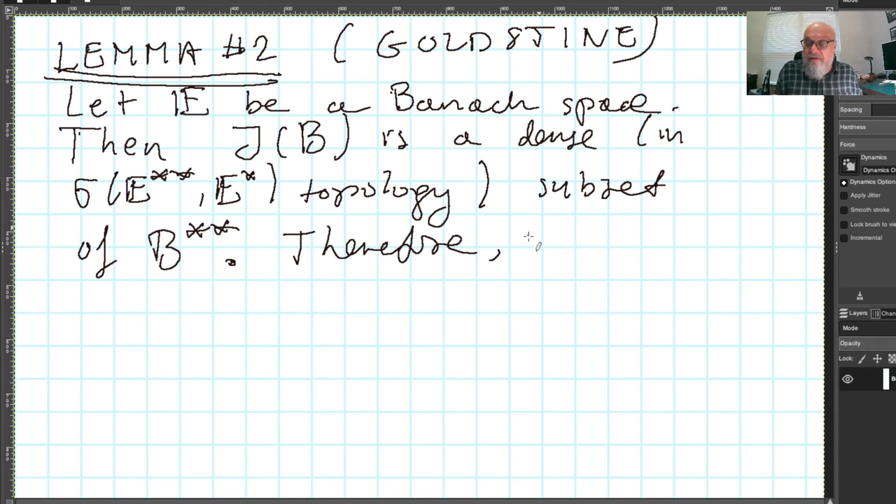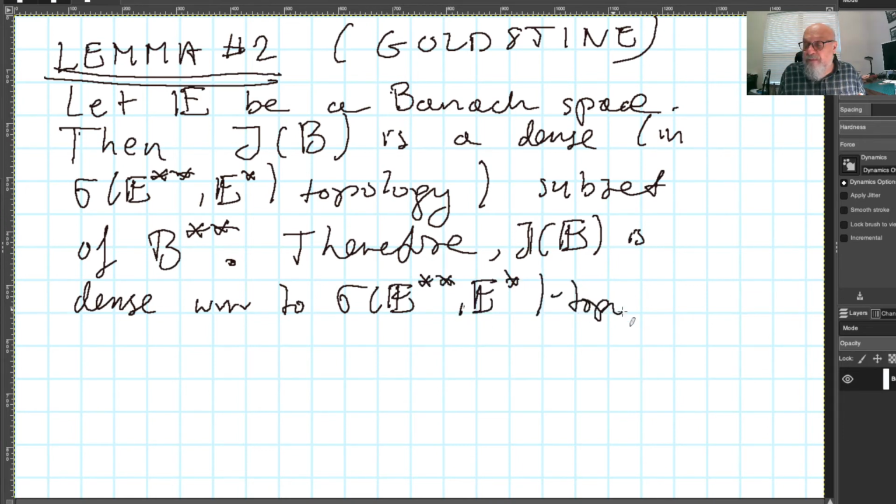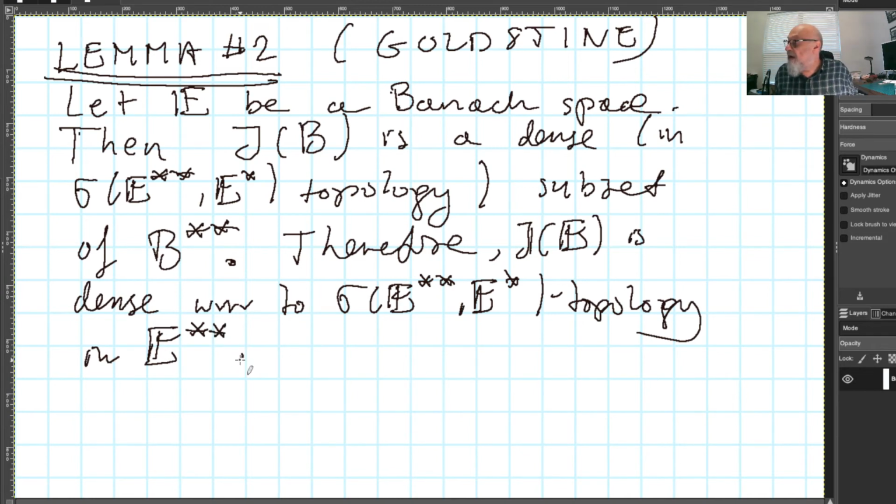So in such a case, we are getting here that J of E is dense, again dense, with respect to the sigma(E double star, E star) topology in E double star. So that's the statement.